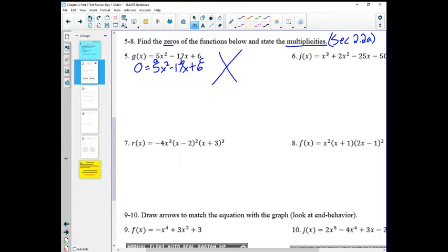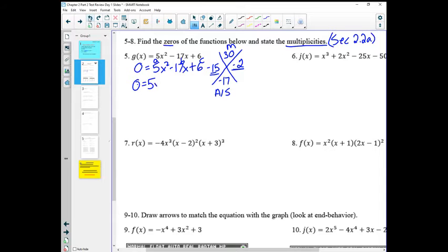A times C, 5 times 6 is 30, and negative 17 goes in the bottom part of the X. Now 2 factors that multiply to make 30, but add or subtract to be negative 17, are negative 15 and negative 2. And you can sit there and think about what factors would work, but those are the only factors that will work, negative 15 and negative 2.